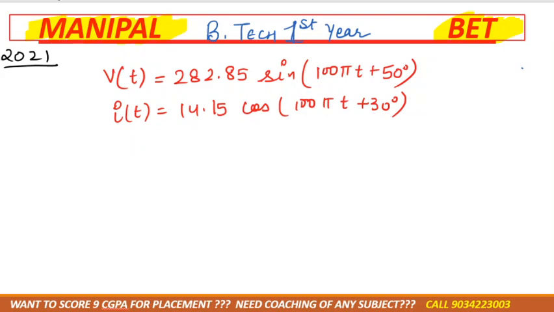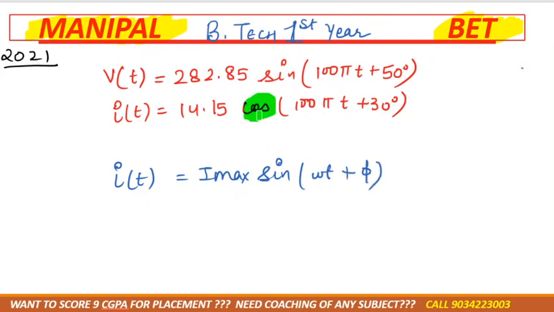Now see, in this case, first of all we need to convert it into the standard equation. As I told you, the standard equation of current is I is equal to I max sine of omega t plus phi. But instead of sine, they have given us the equation in the form of cos. So we need to convert it into sine first. How will we convert it into sine? By adding 90 degrees to the existing angle.